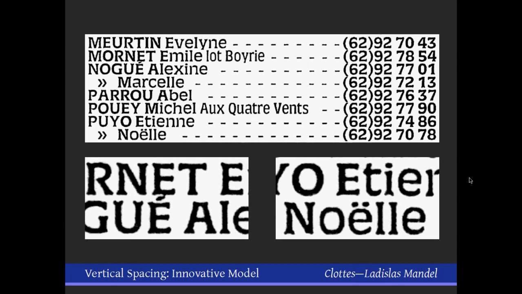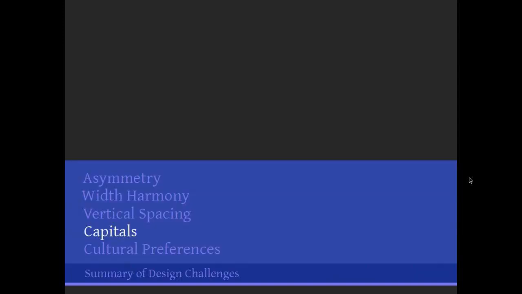He shrunk the lowercase e for Noël. He shrunk the uppercase E for Noguet. Now, this looks odd when it's enlarged, but when you see it at real size, it works phenomenally well. So use creative solutions like that if you need to.